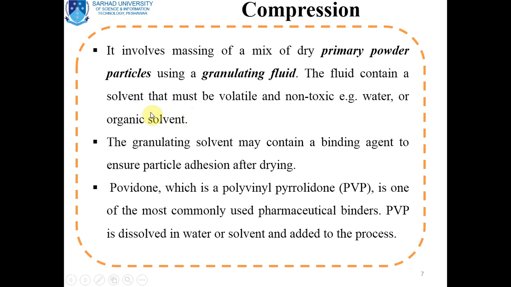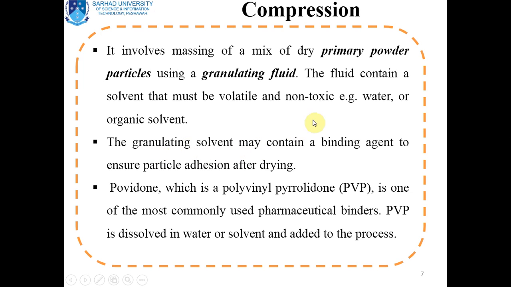These solvents, either aqueous base or organic solvent base, have properties like non-toxic nature, and must be evaporated for further processing of the granules into the final dosage form granules or an intermediate product that is further subjected to processing like compression in order to prepare the tablet dosage form, or encapsulated.